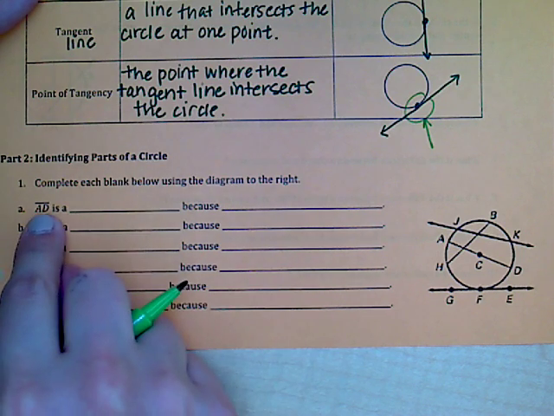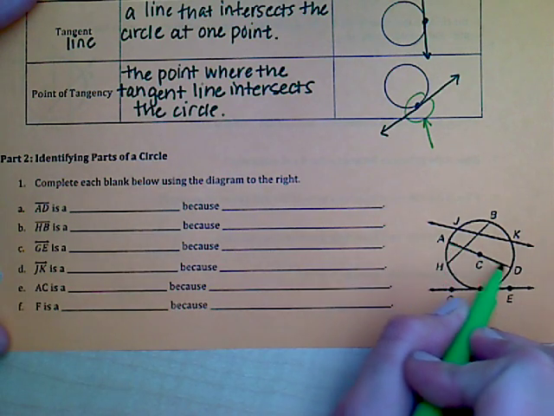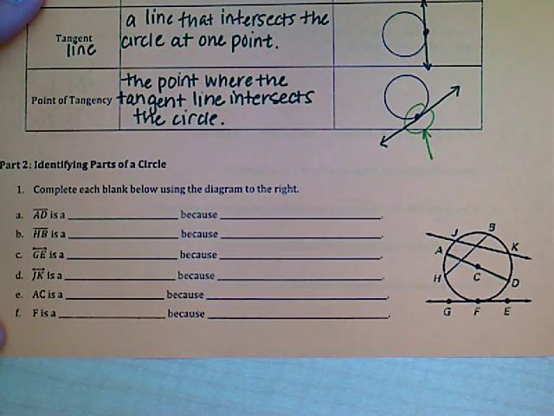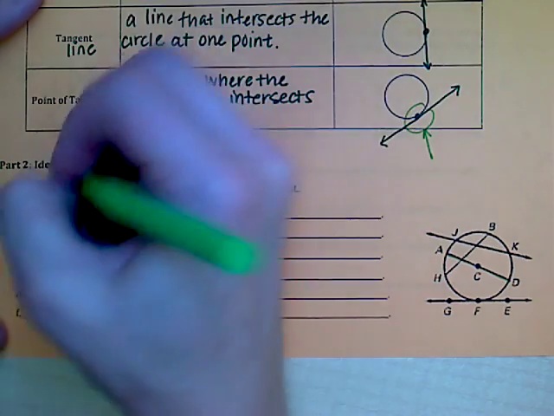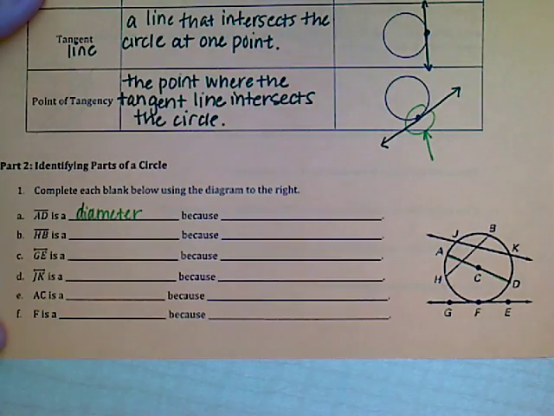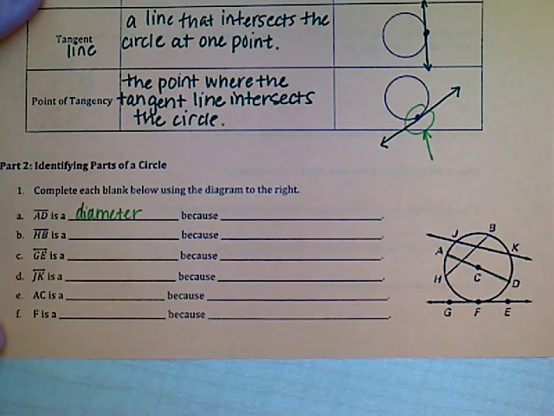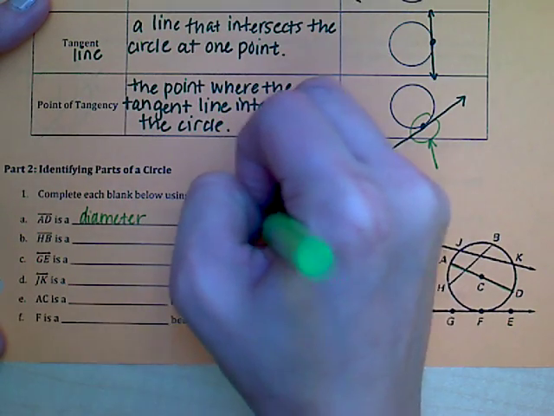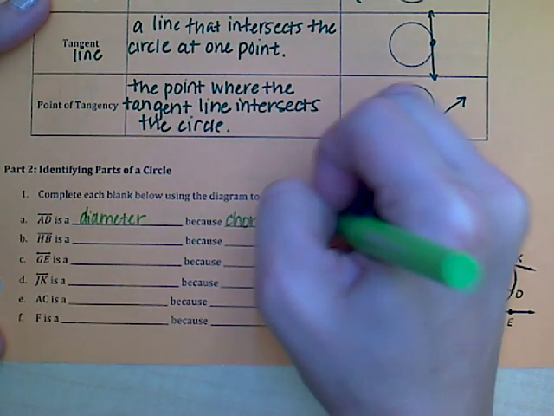So segment AD, if I look at AD, it's this piece here. If you think to yourself about what AD is, hopefully you realize that that's going to be a diameter. You can write any kind of reason that helps you remember what it is. I think in simple terms, it's a diameter because it's a chord that goes through the center.